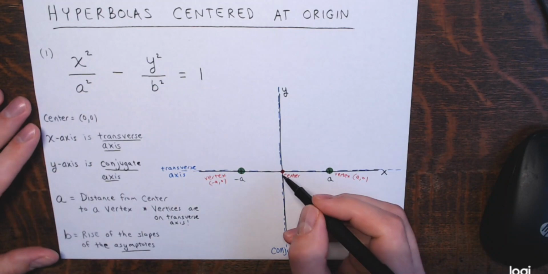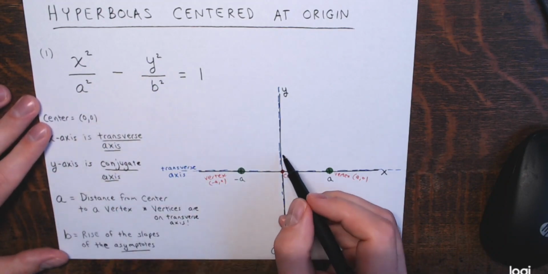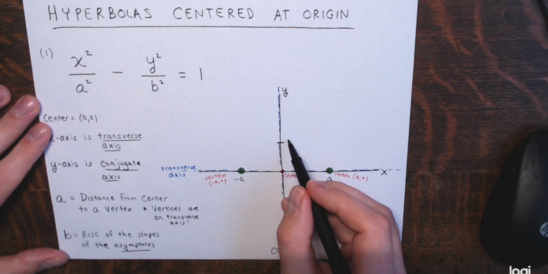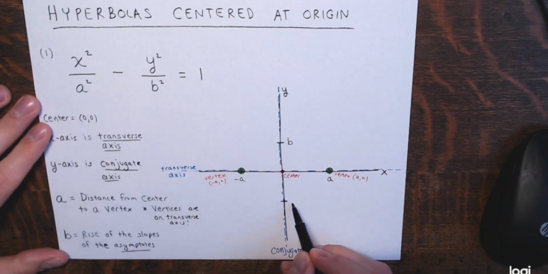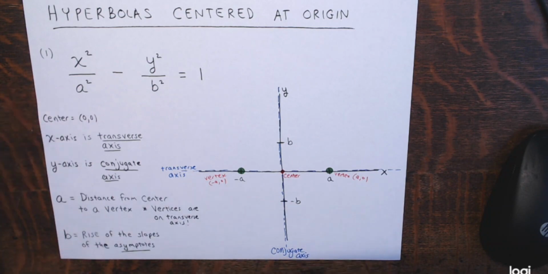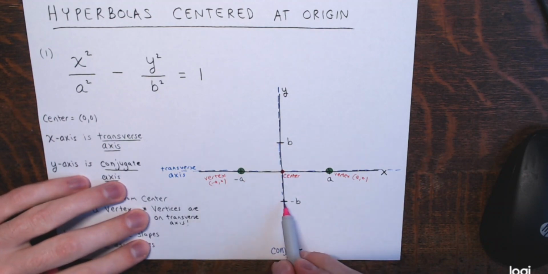Now here's how I'm going to use B in a graph. So I went right and left A, B is under the Y, so I'm going to go up and down B. So say we go up to B on the y-axis from the center, and down B to negative B. And then what you're going to see in the graphs in this assignment especially is a picture like this, where right A, left A, up B, down B from the center.